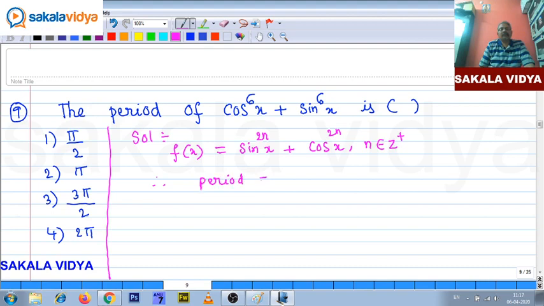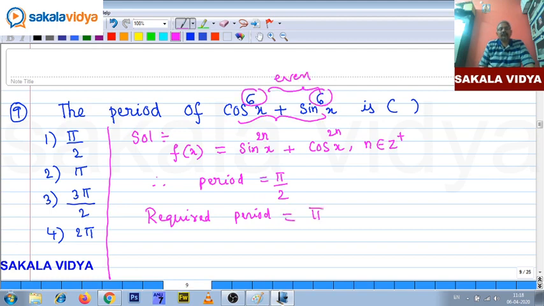Please remember, period is pi by 2. Therefore here the required period, for this one also, they both are even numbers, that's why the required period is also pi by 2. So first option is the right option, that's all.